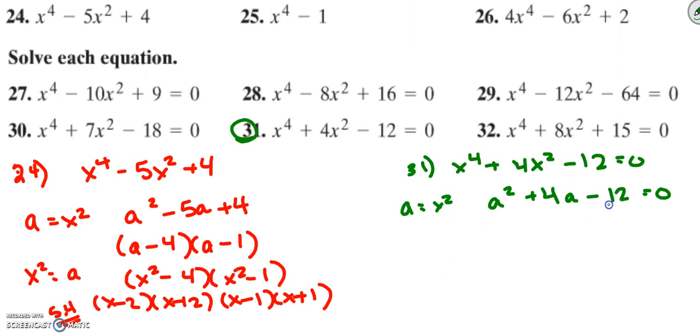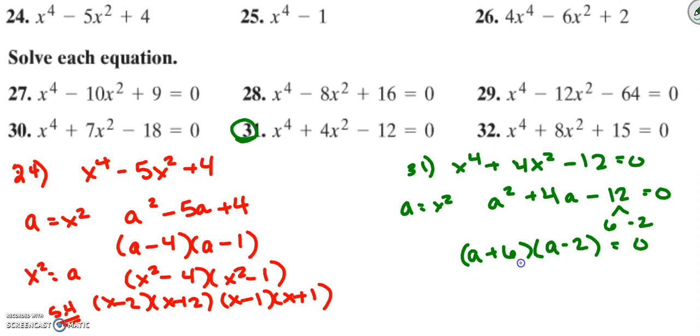This factors down to, I need factors of negative 12 that would give me 4. Well, I can do 6 and negative 2 because 6 times negative 2 is negative 12, and 6 plus negative 2 is 4. So then this gives me a plus 6 and a minus 2.